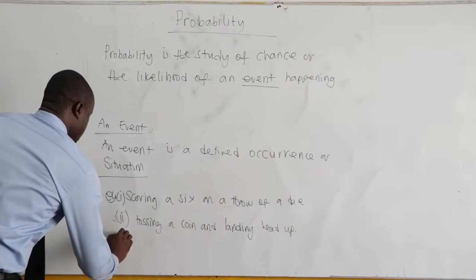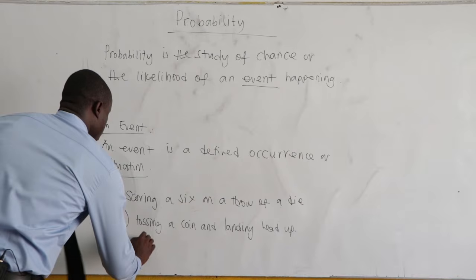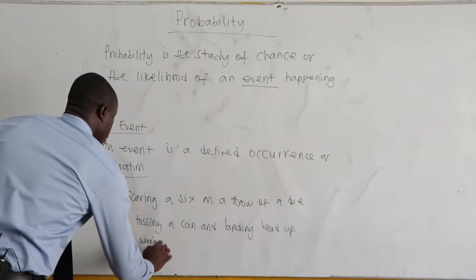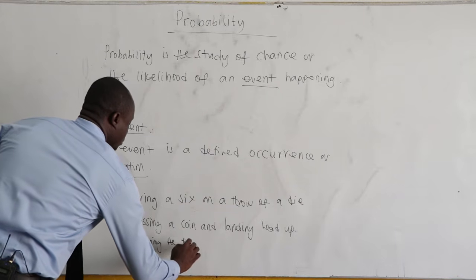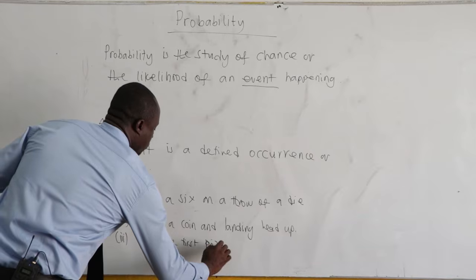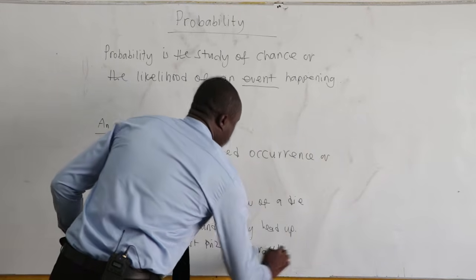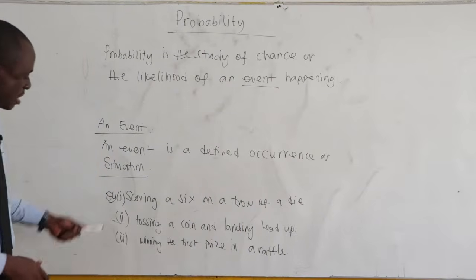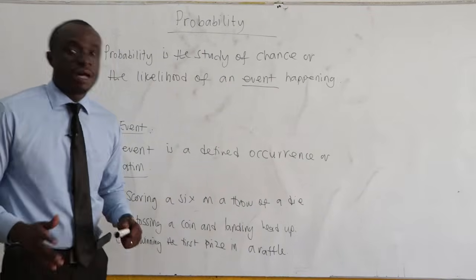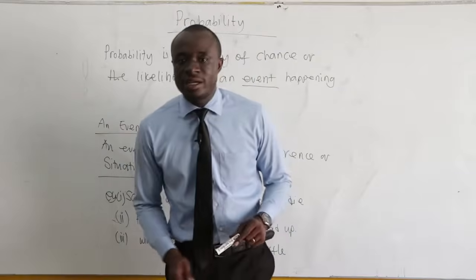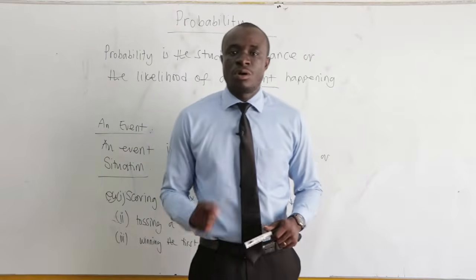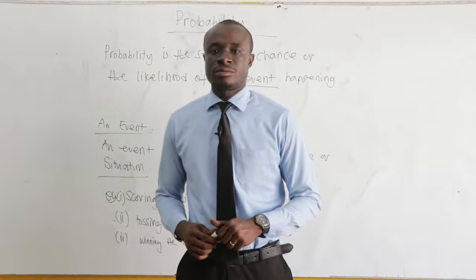And then the last example, probably winning the first prize in a raffle. And all these are examples of an event. So we say an event is a defined situation or occurrence.